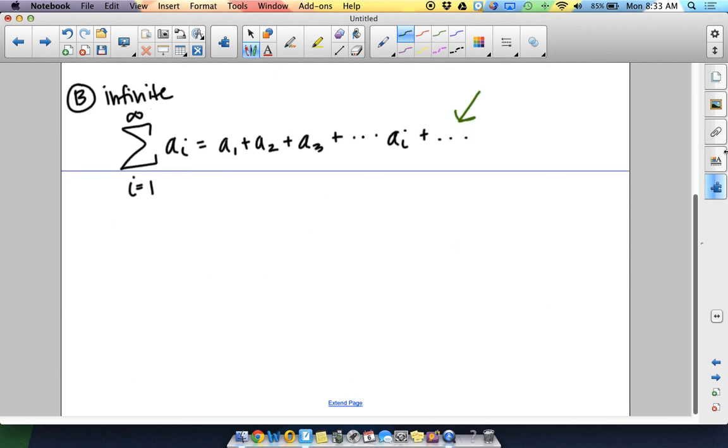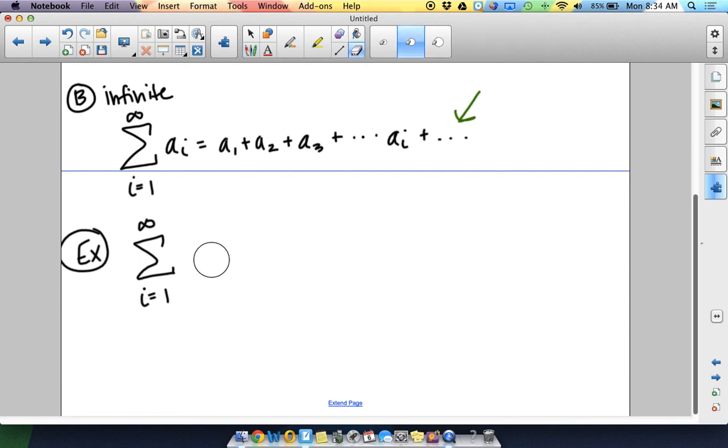Okay, so I think I've said the last example of the day like 6 times, but this, I promise, is the last one. Example. The sum from i equals 1 to infinity of 3 over 10 to the i power. That doesn't look very good. Let's try that again. 3 over 10 to the i power. Okay, here's what it looks like.